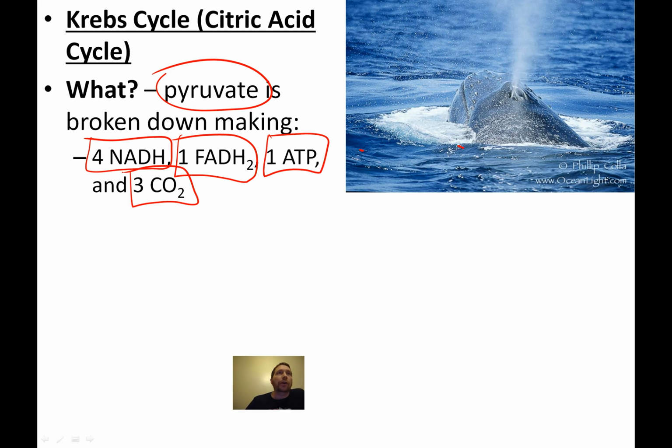I told you earlier that cellular respiration is the reason that you breathe out carbon dioxide, because your mitochondria produce carbon dioxide as they do the process of cellular respiration. Well, the step that actually makes the carbon dioxide is the Krebs cycle. So here we've got a whale, and he's blowing out some carbon dioxide because he has done the process of cellular respiration.